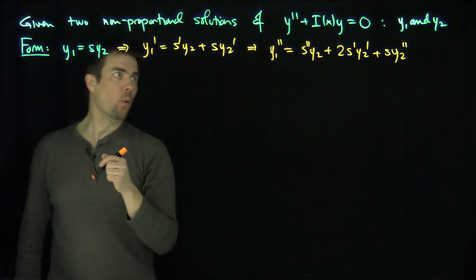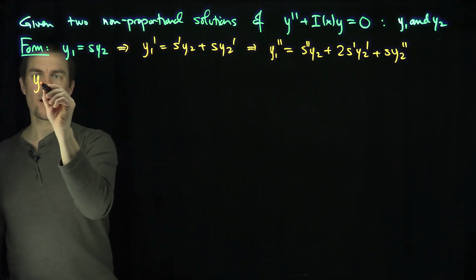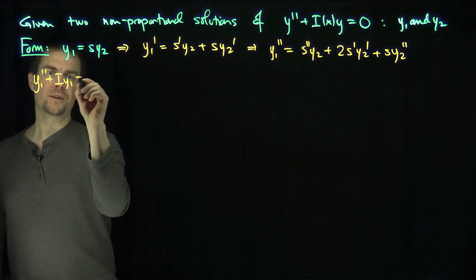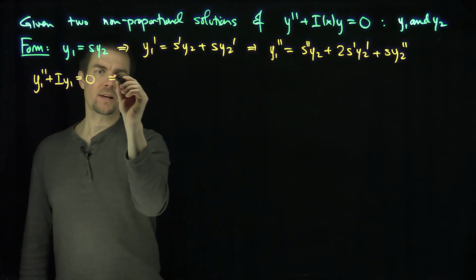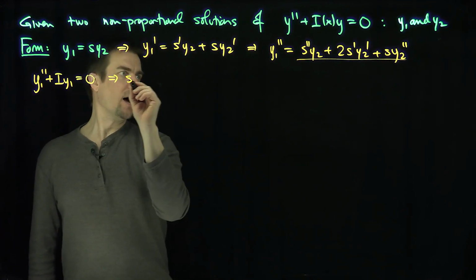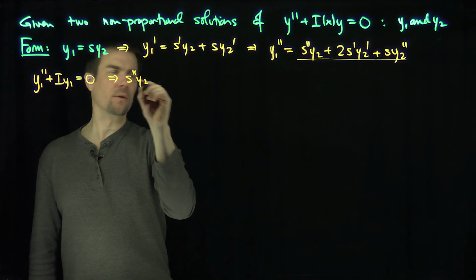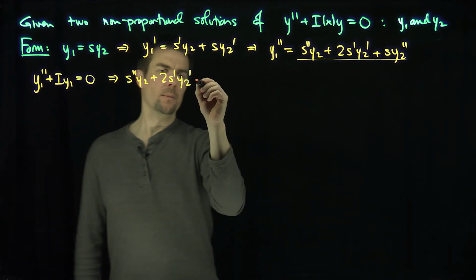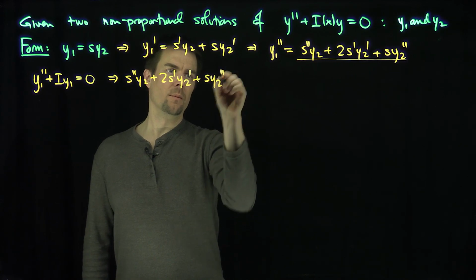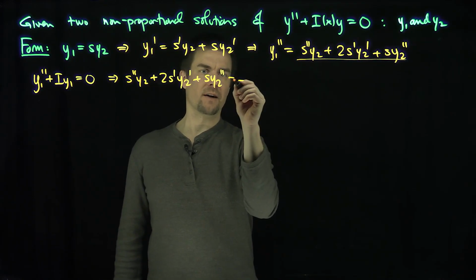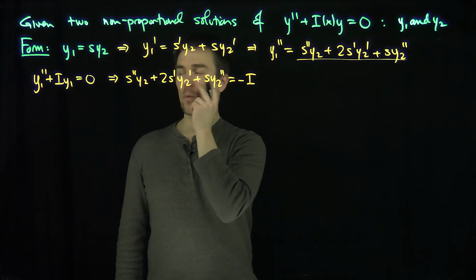Now we know that y1 is the solution to this equation, so I know that y1 double prime plus I y1 is equal to 0. And so what this tells me is this expression over here, s double prime y2 plus 2s prime y2 prime plus s y2 double prime is equal to negative I and then y1.